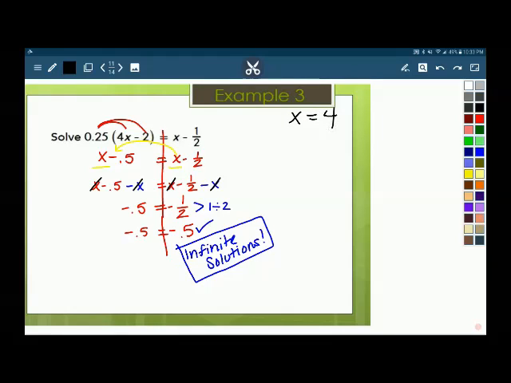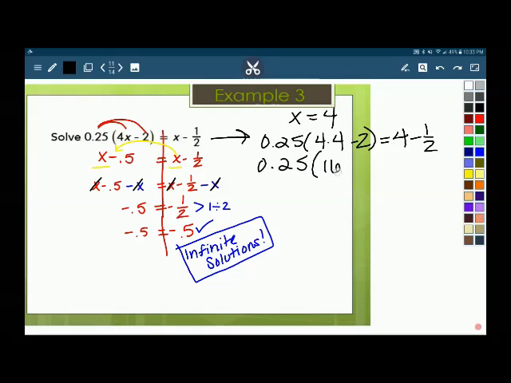Okay, if I were to plug in x is equal to 4 into the original equation, I get 0.25 times 4 times 4 minus 2 is equal to 4 minus 1/2. Well, 4 times 4 is equal to 16. 16 minus 2 is equal to 14. Now I need to jump over to my calculator.